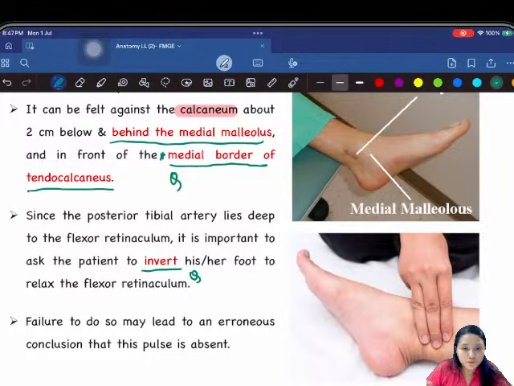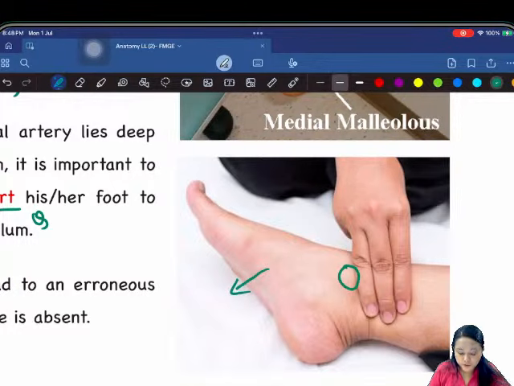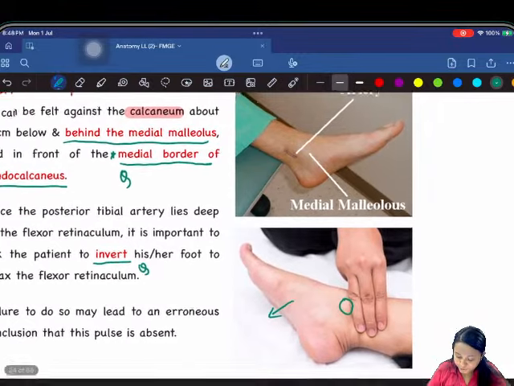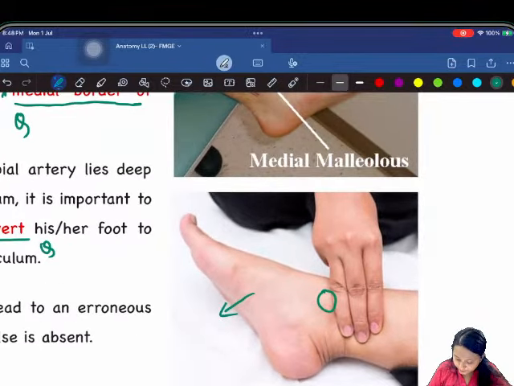है ना? So you can see here the foot is inverted. You have the medial malleolus here. ठीक है? So medial malleolus के behind, and जो तुम्हारा tendoachilles है, so you know that there is a tendon here, है ना?